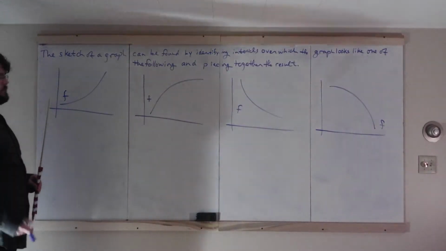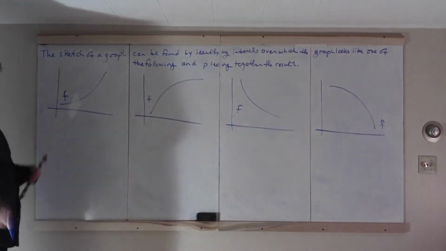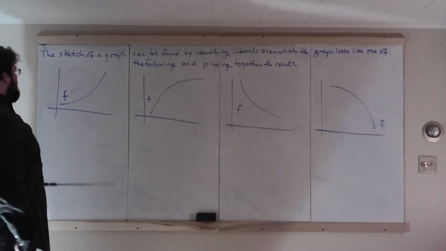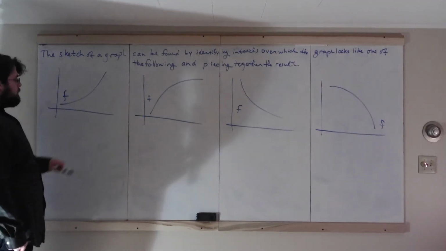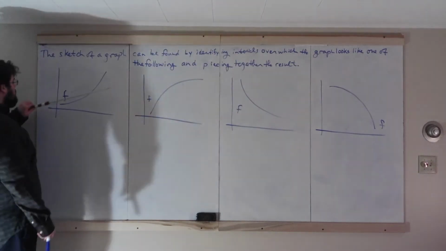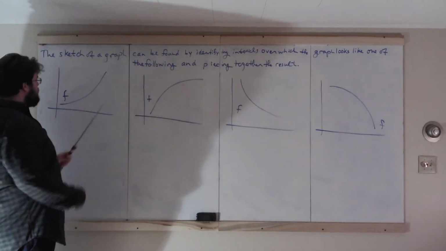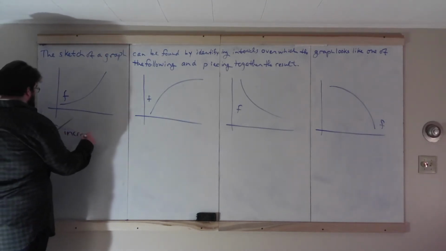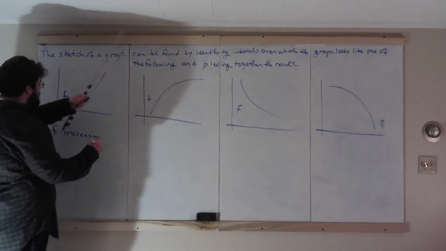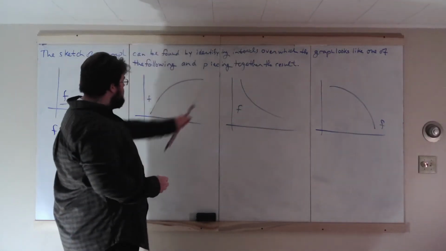So let's look at each of these graphs in terms of the first and second derivatives. Well, the first derivative told us about the function increasing and decreasing. In each of these I'm going to write 4 things underneath. This function is increasing. It's going up as x gets positive. This one is also increasing.